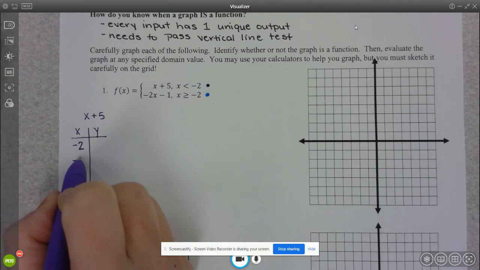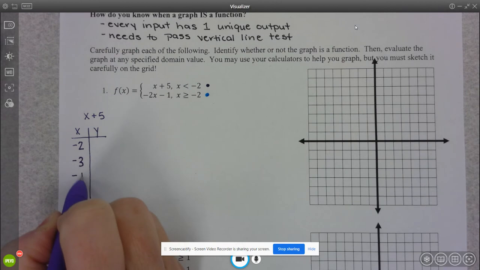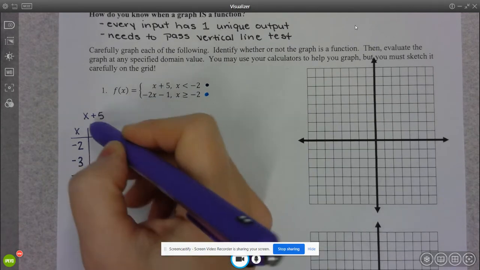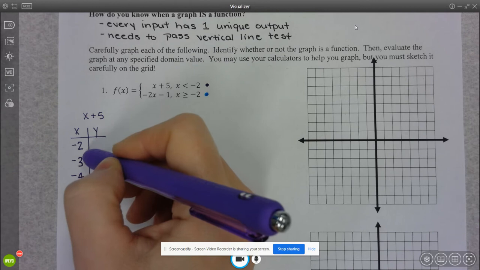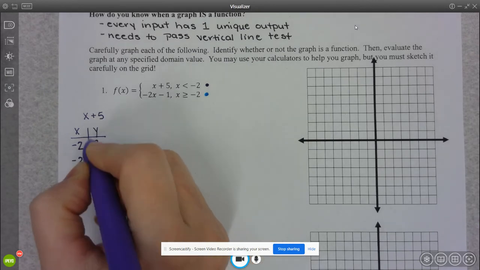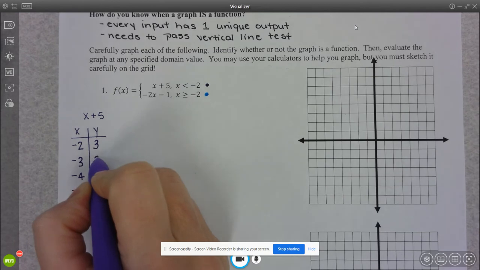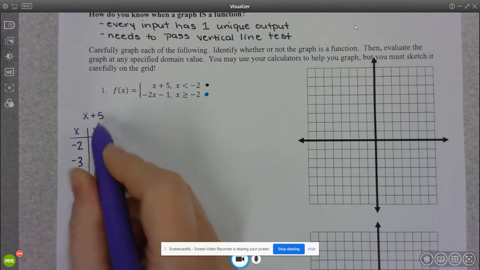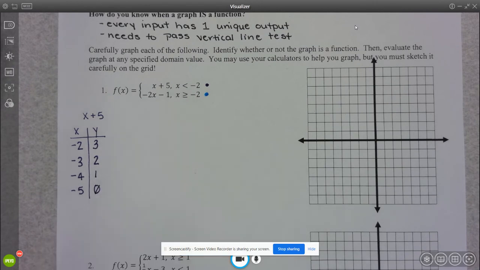So that would be -3, -4, and so on. And then I'm going to take these x values and substitute in here. So -2 plus 5 would be 3. -3 plus 5 would be 2. -4 plus 5 would be 1. And -5 plus 5 would be 0.